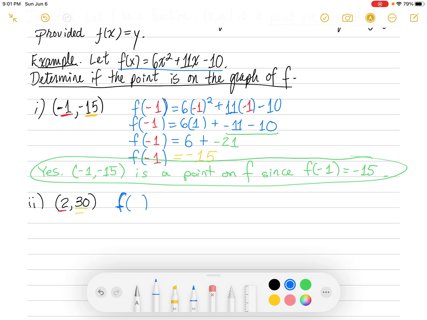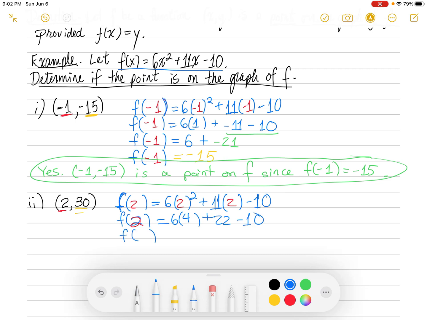Here goes. f of 2. So I'm going to make up a template: 6 times a blank squared plus 11 times a blank minus 10. I'm going to plug in 2 for my x's. When you're doing order of operations, remember exponents come first. So we're going to do 6 times 2 squared. 2 squared is 2 times 2, which is 4. So we got 6 times 4 plus 11 times 2 is 22, and then minus 10.